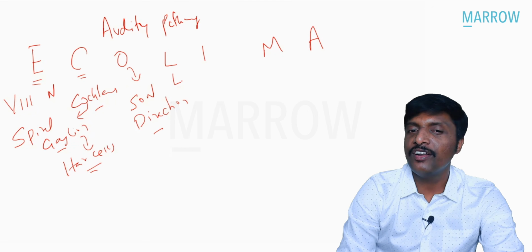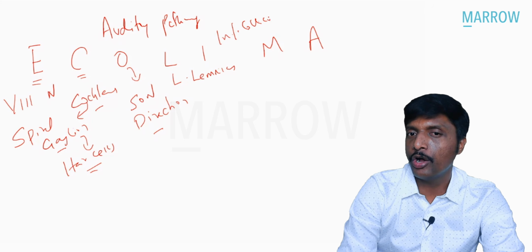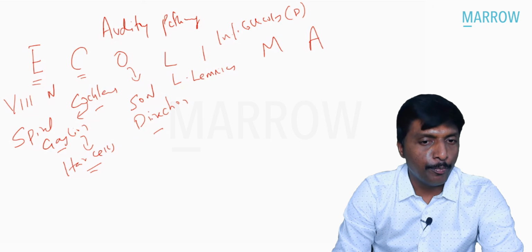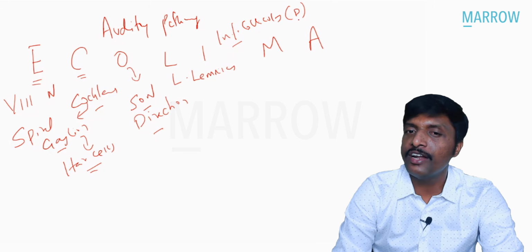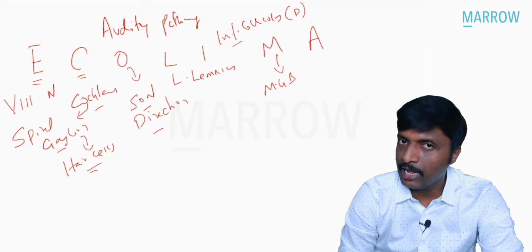L stands for lateral lemniscus. I stands for inferior colliculus. It is also one more area for direction. Superior olivary nucleus and inferior colliculus are both important for direction processing. M is our medial geniculate body in the thalamus.